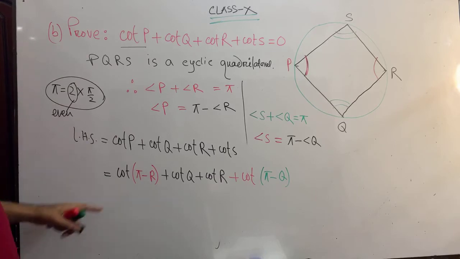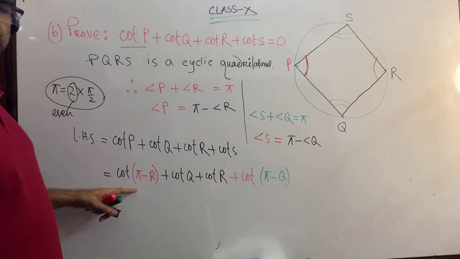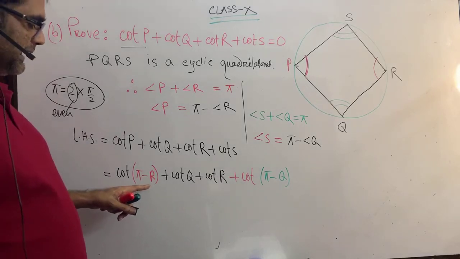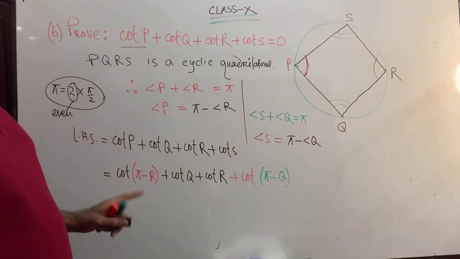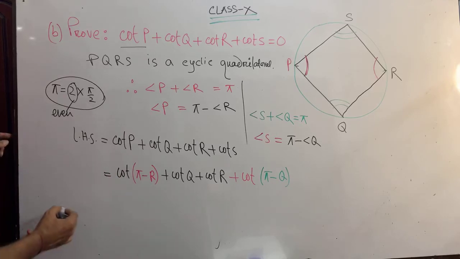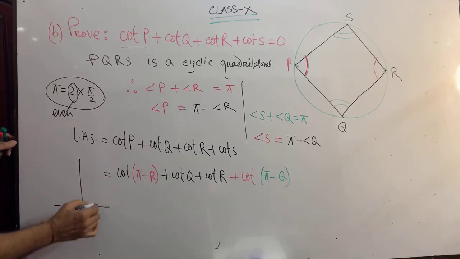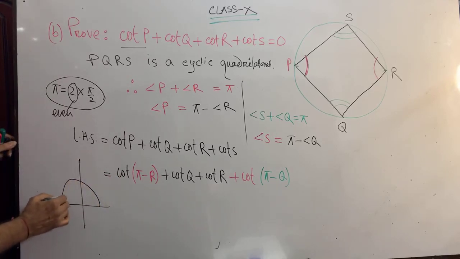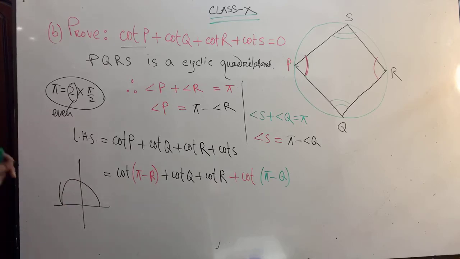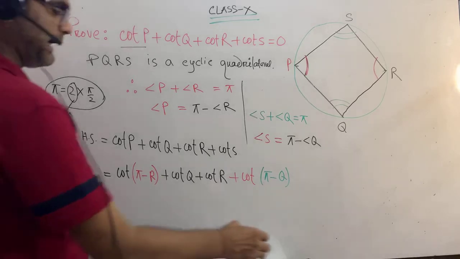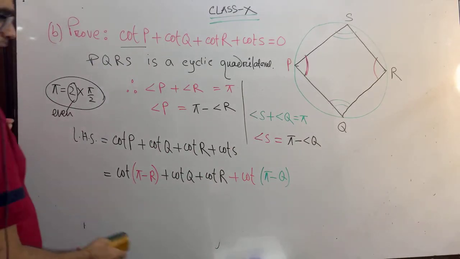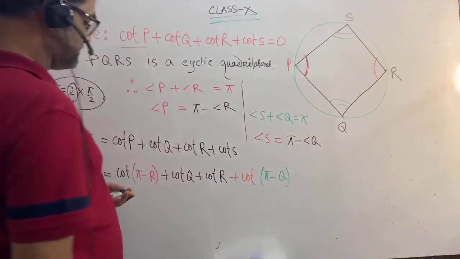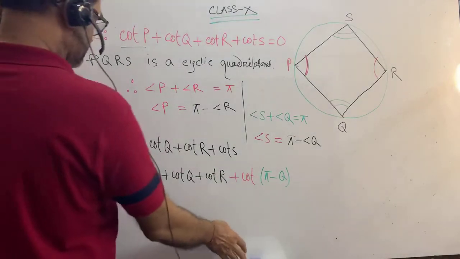Now it is in the second quadrant, right? Here the angle lies in the second quadrant. Pi minus theta, pi means 180 degrees, so this is 180 minus. That means the angle lies in the second quadrant, and we know that cotangent is negative in the second quadrant.